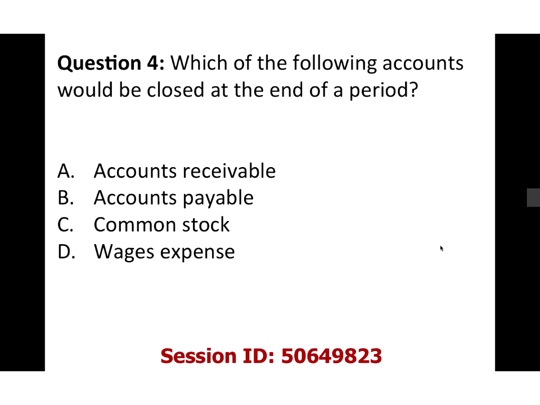Okay. Accounts payable. What kind of account? Liability. Yes. Common stock. What kind of account? Equity. So we're finally down to the last one, right? What kind of account? Is it wages expense? Expense, right? So with closing, you close the red accounts: revenues, expenses, and dividends.